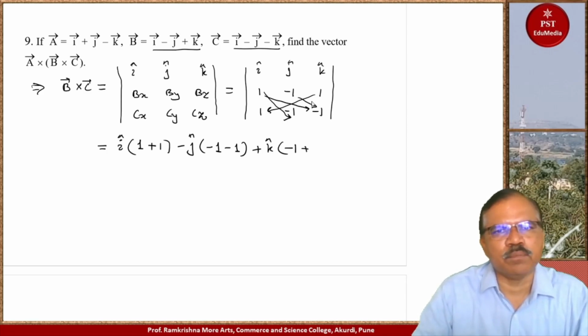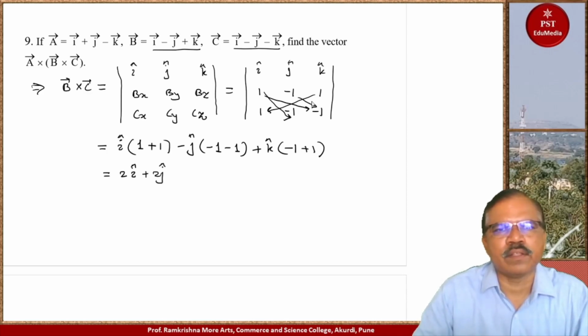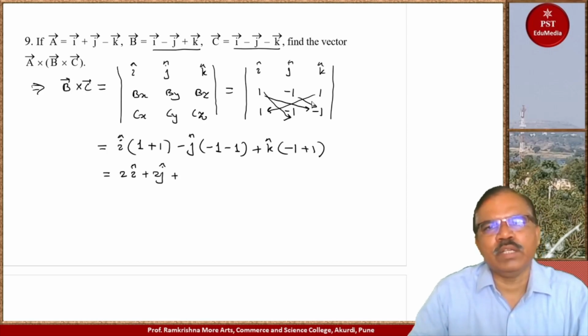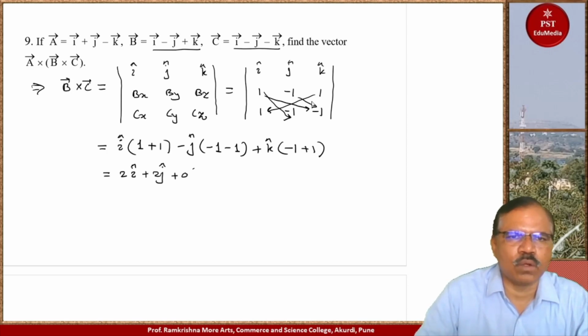So here you will get plus 1. So you will get this as 2i minus, and here minus 2, so plus 2j plus. Now for k, 1 into minus 1, that is minus 1, minus 1 into 1, that is minus 1, and here we have a minus sign, so plus 1. So it is 0k. So this is B cross C.